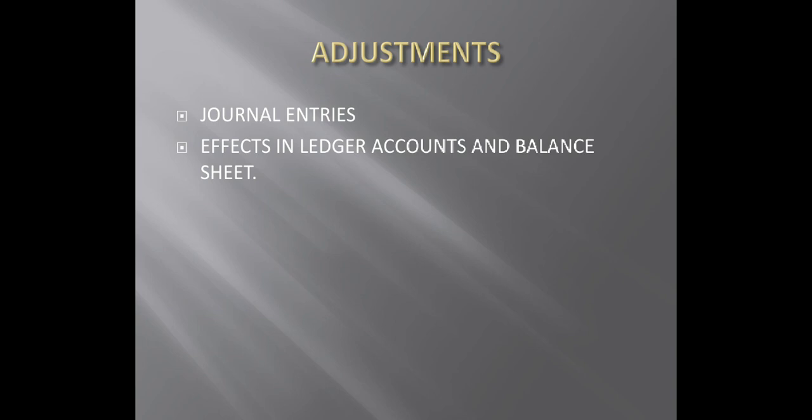So if you have done the homework that I gave you in the second lecture, that is the previous lecture, the homework was that you were supposed to write down the journal entries for revaluation of assets and liabilities, and also the concept of goodwill, which is going to be a part of these adjustments.